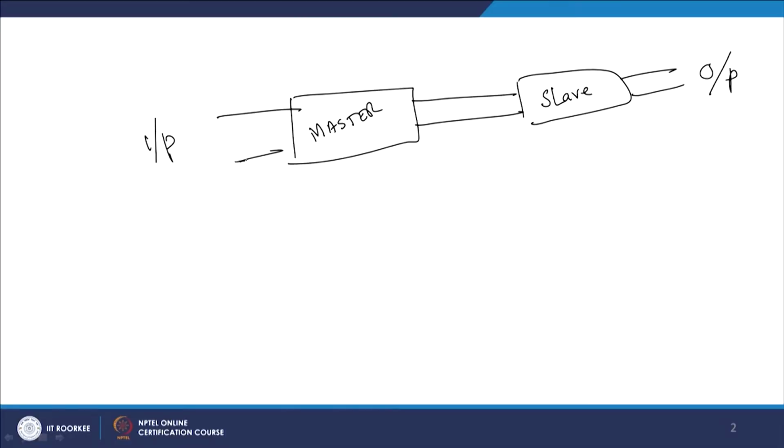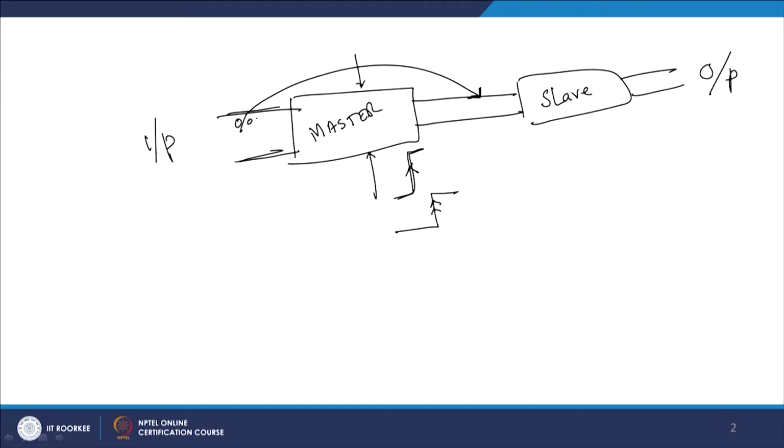If I have an input, and your master is transparent to the input at, say, the rising edge of the clock, but the latch is not transparent for the rising edge of the clock, then for the rising edge of the clock the input will be sampled via the master to the output of the master. So, when the clock is rising, the master will sample the data from the input.